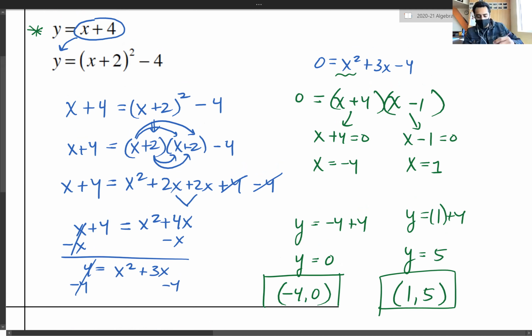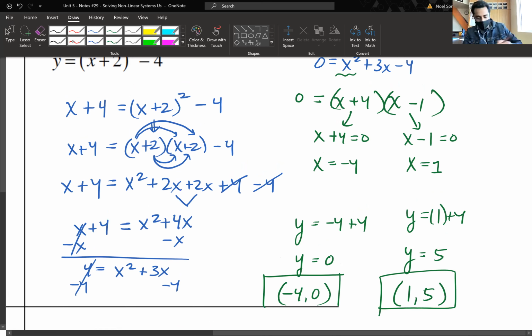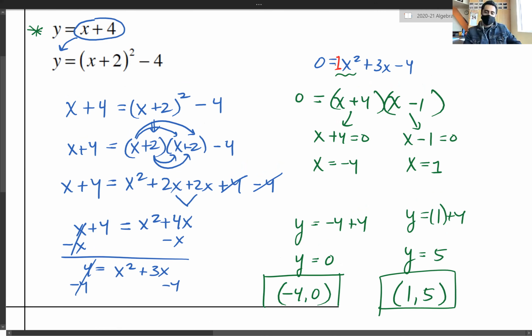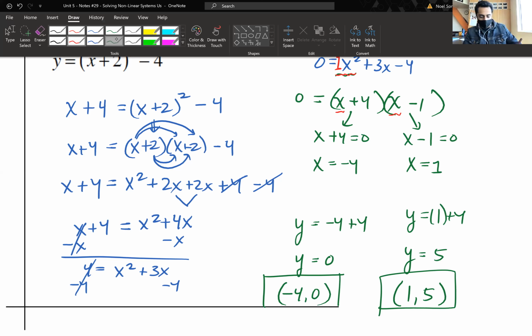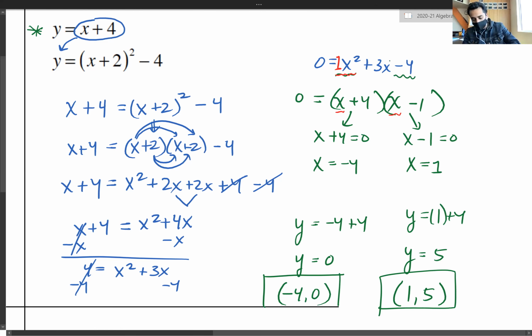So as far as factoring, remember, this is a simple one where I don't need to do any X-box method because my leading term is already 1. So that's probably the easiest one to factor. That's just a factor of x times a factor of x will give us 1x squared. And then the second question that we ask ourselves is, how do I factor the negative 4? I need factors that multiply to negative 4 but add up to be positive 3.